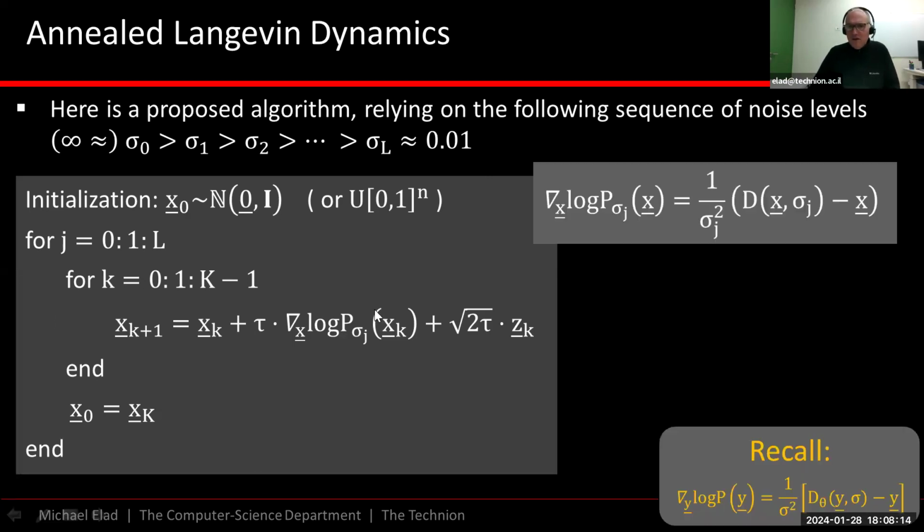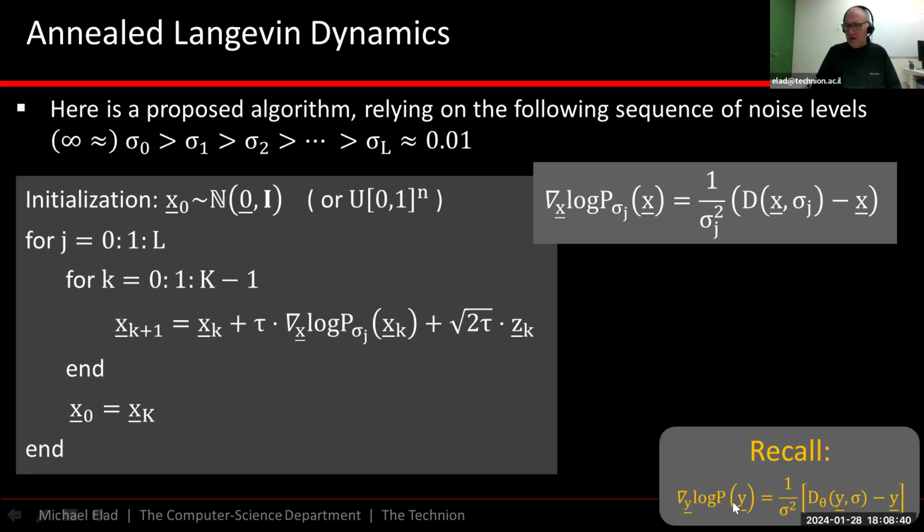By the way, this score function here, it is in front of you. Basically, apply your denoiser with level sigma j. So here you're actually applying a denoiser with aggressive noise, because at the beginning the noise is aggressive. So you remove aggressive noise. In every round, you apply the denoiser with the proper noise. So this denoiser has to be smart enough to work with the whole slew of values of sigmas that you might get.